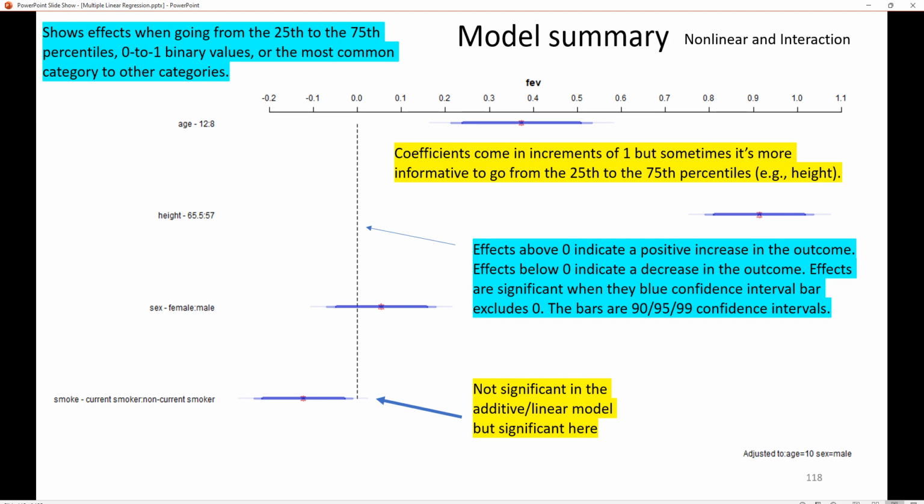So that's about a 25% jump. And then when we look at gender or sex, going from male to female, it's not a significant difference.